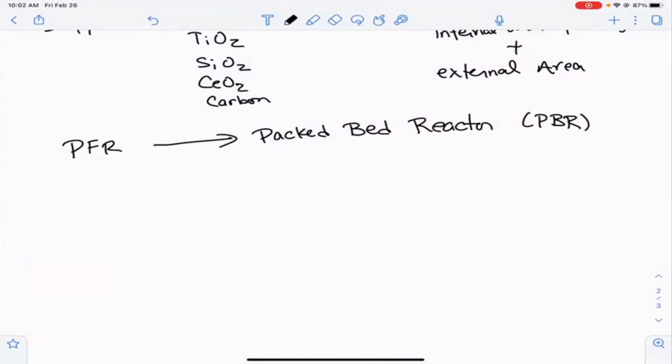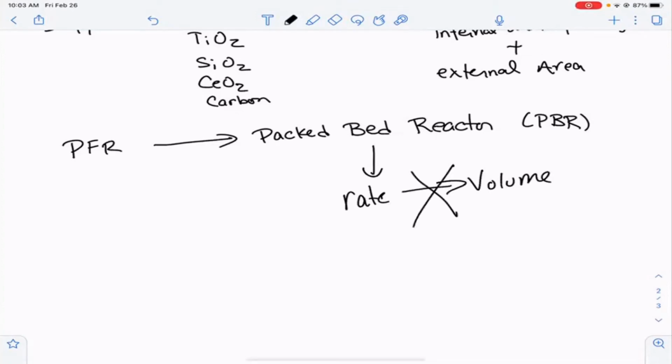And as I mentioned a moment ago, if we have a reaction where a catalyst is required, we totally disconnect the rate from volume. Okay, so for catalytic reactions, rate and volume are linked, but it's not a direct link.